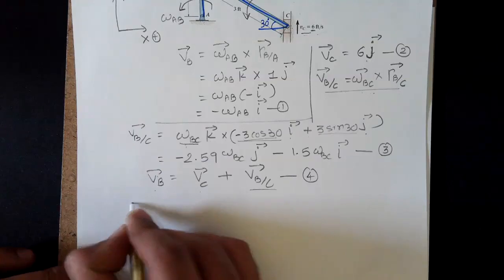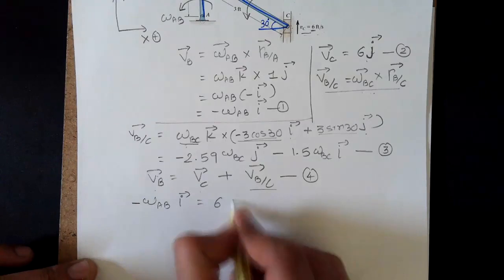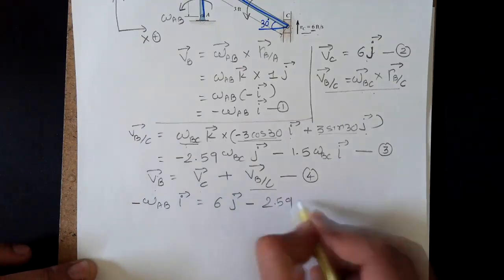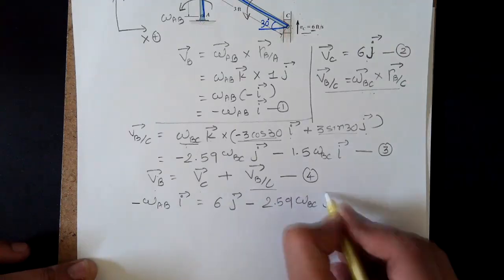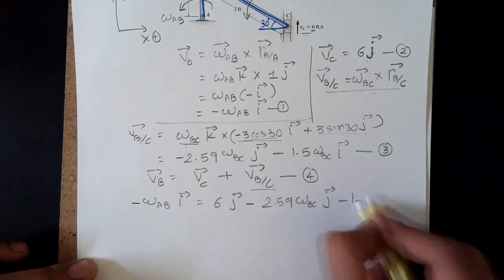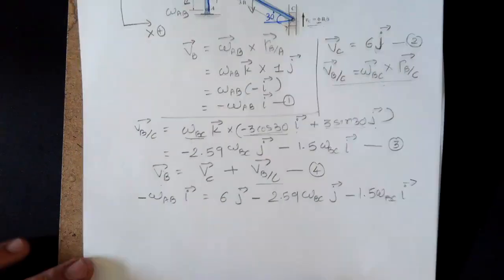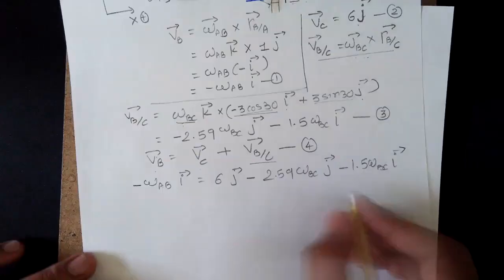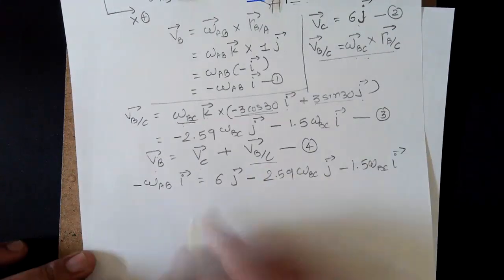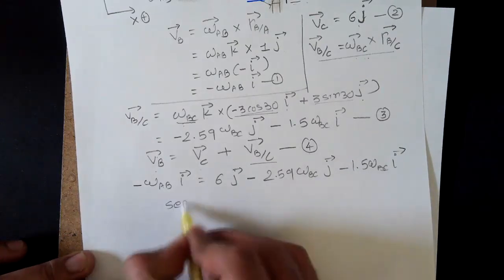So then it becomes minus omega AB i is equal to 6 j minus 2.59 omega BC j minus 1.5 omega BC i. So this is our one big equation, which is actually equation 4 written using ij components. And the next step is we need to separate i and j parts.